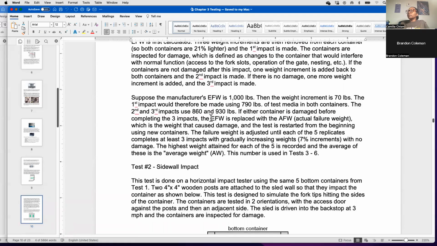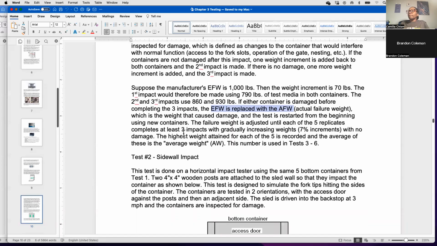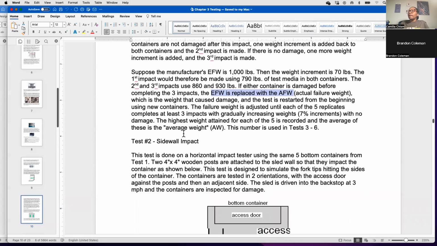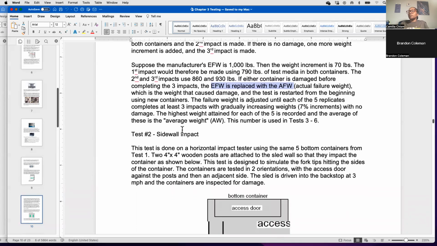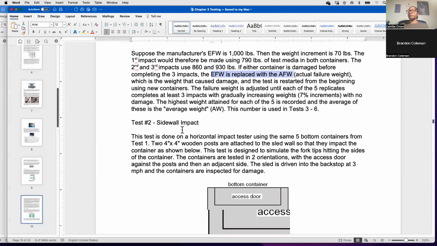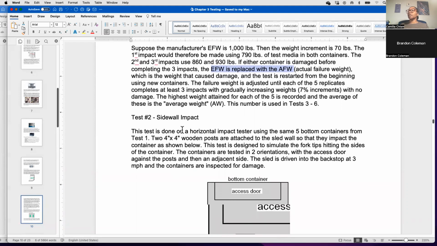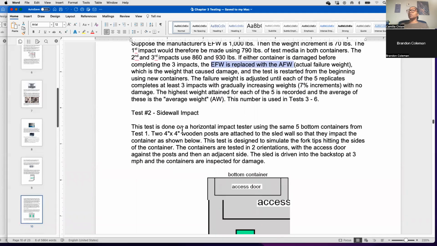So, here you're looking at, once it fails, you've got the estimated failure weight and then the actual failure weight. And that's where you're looking at where that damage occurred. And then you want to make sure that you run your test again 5 times. You want to have 5 replications, and you're testing to make sure there's no damage.